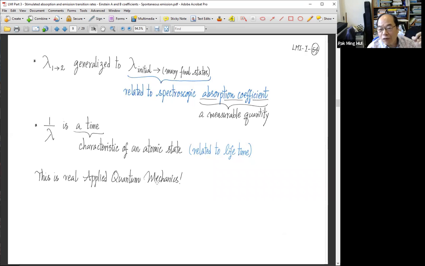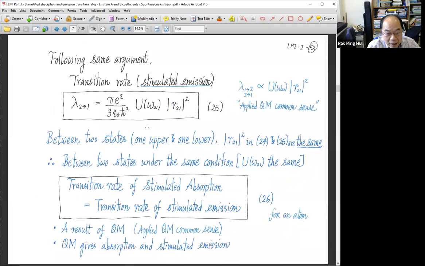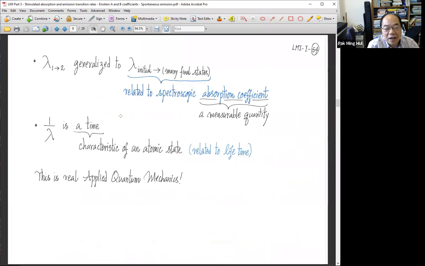We had the formula for stimulated emission. But after we do the Einstein discussion and come back with the spontaneous emission formula, we see that the formula carries all the factors, only that there is an additional omega factor appearing here, omega to the 3rd power. But then when we flip the whole thing, at the end, we have the lifetime of an excited state. And that is a measurable quantity. Okay?